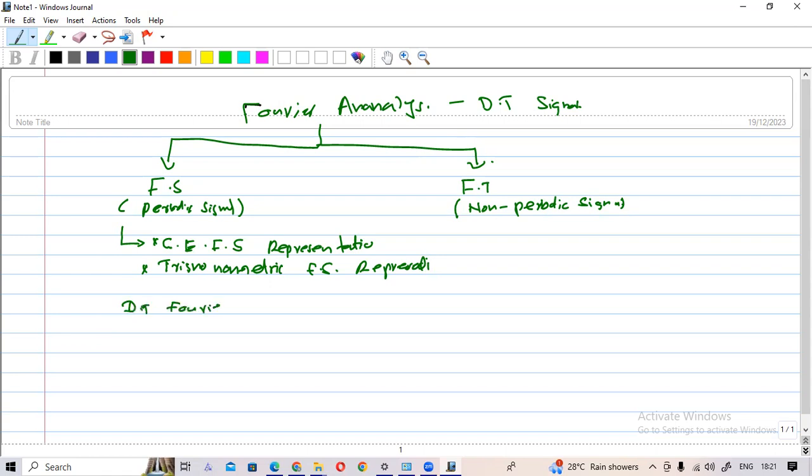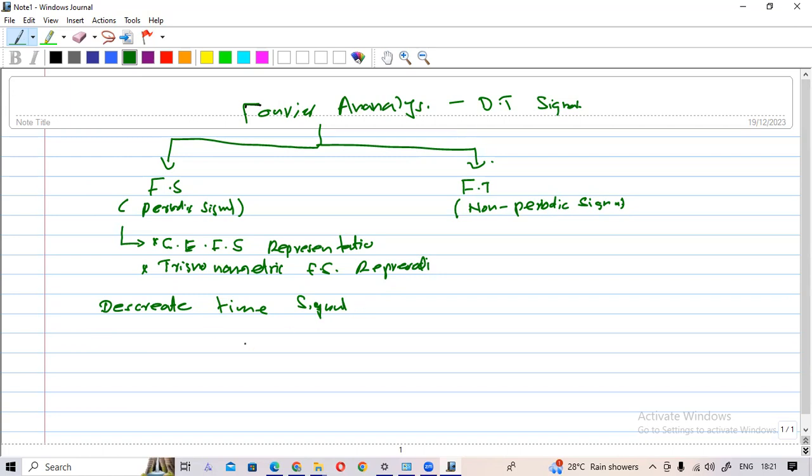But this time we are going to evaluate discrete time signals using Fourier series analysis.